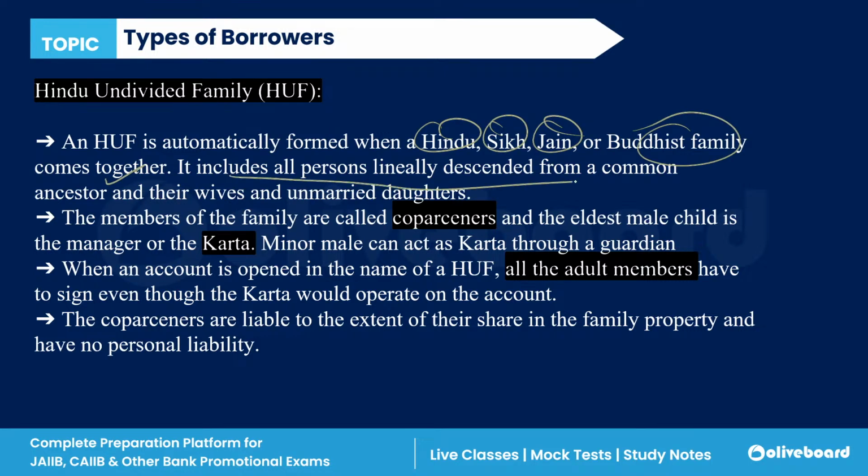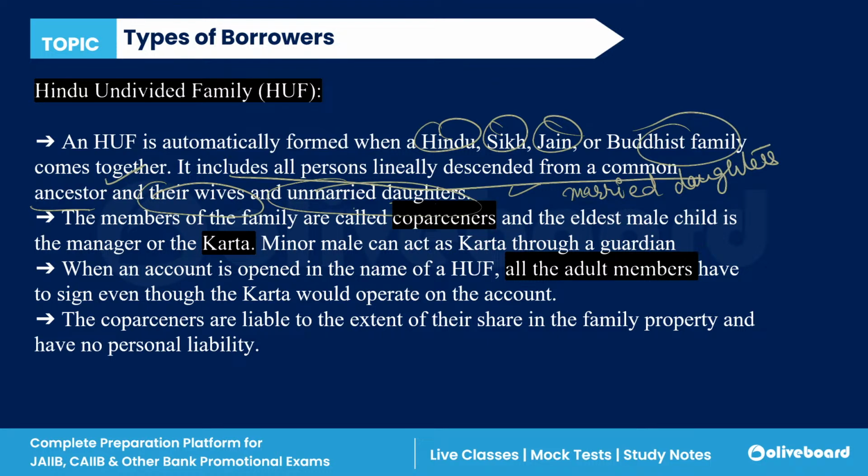It includes all the persons lineally descended from a common ancestor and their wives and unmarried daughters. But now, this is the ruling of the Delhi High Court that married daughters can also be co-partners in the Hindu undivided family.